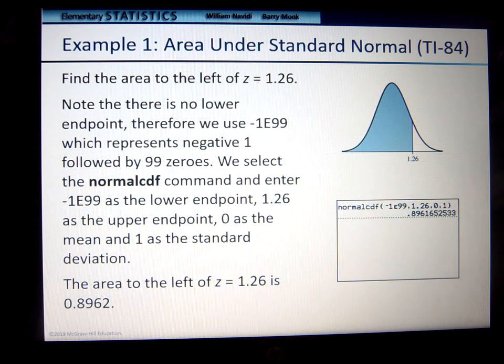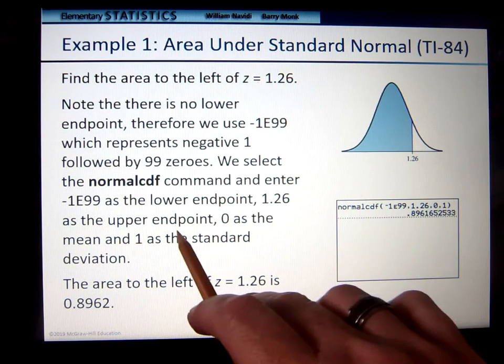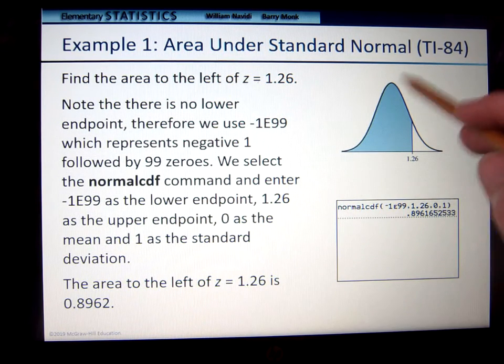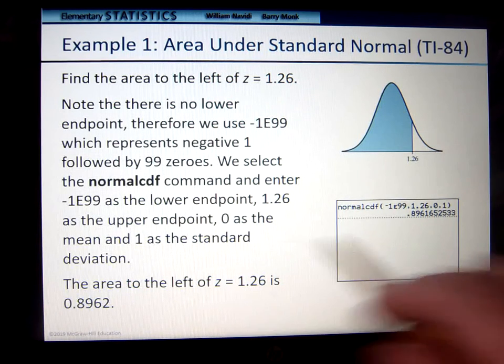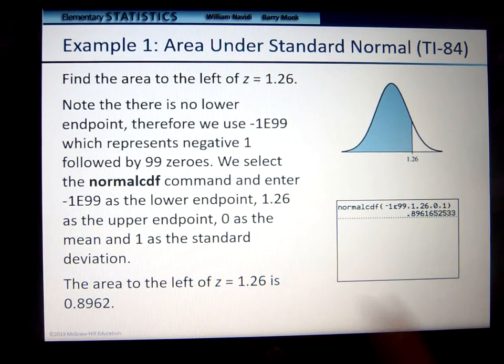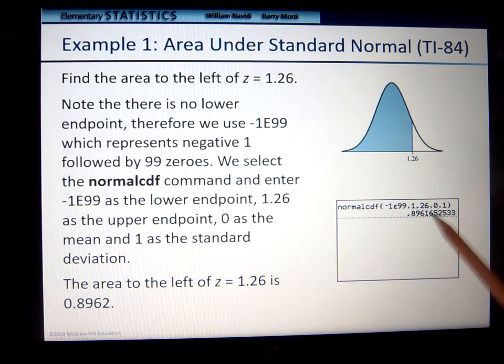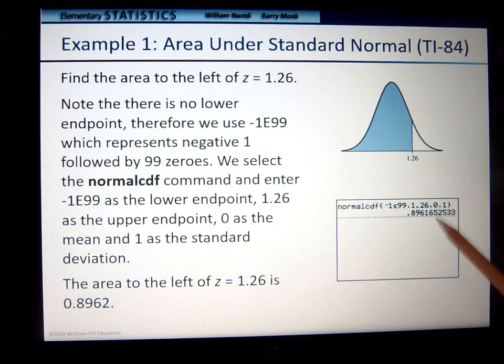We select the normal CDF command and we enter this as the lower point, this is our upper point, 0 as our mean because it's in the center, and the standard deviation of 1. When I hit enter, I will get my area of 0.8961652533, which we will probably round to 4 places.